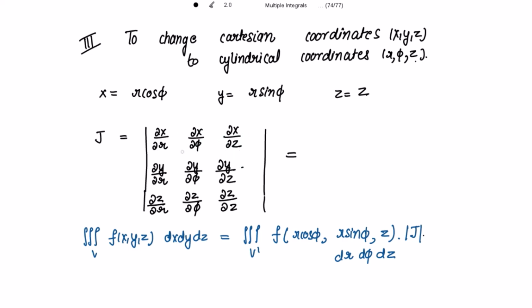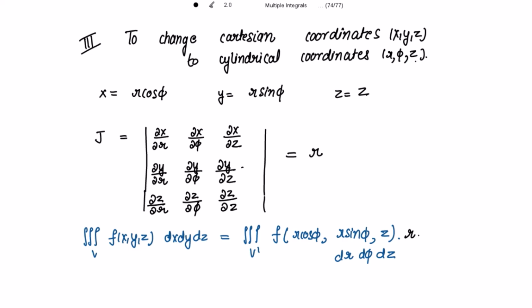Similarly for y and for z. Solving this, you get this Jacobian to be equal to r. And then in the formula, just writing x, y, z in terms of r, phi, z, which is given, which you have to remember, and then multiply with the Jacobian, that is r, into dr d phi dz. Is it okay? Fine? Alright.